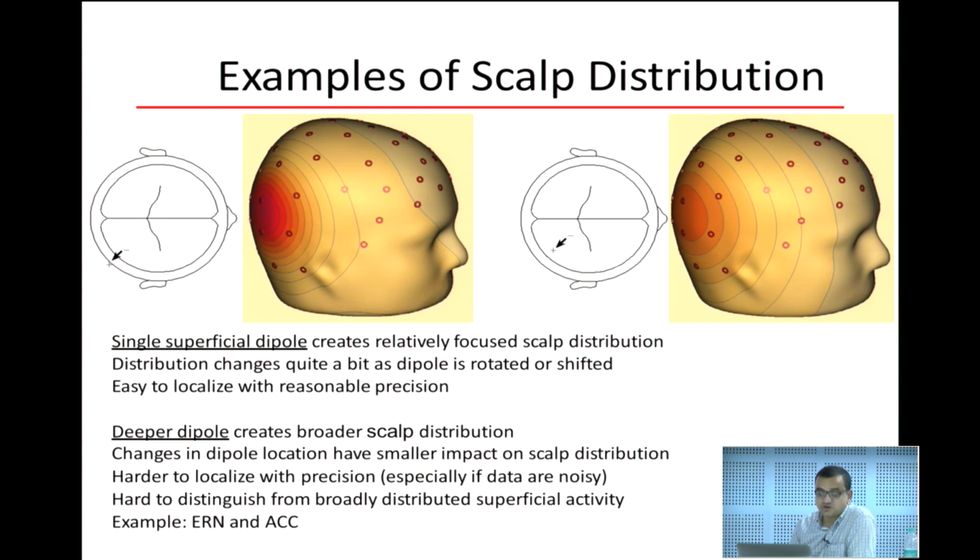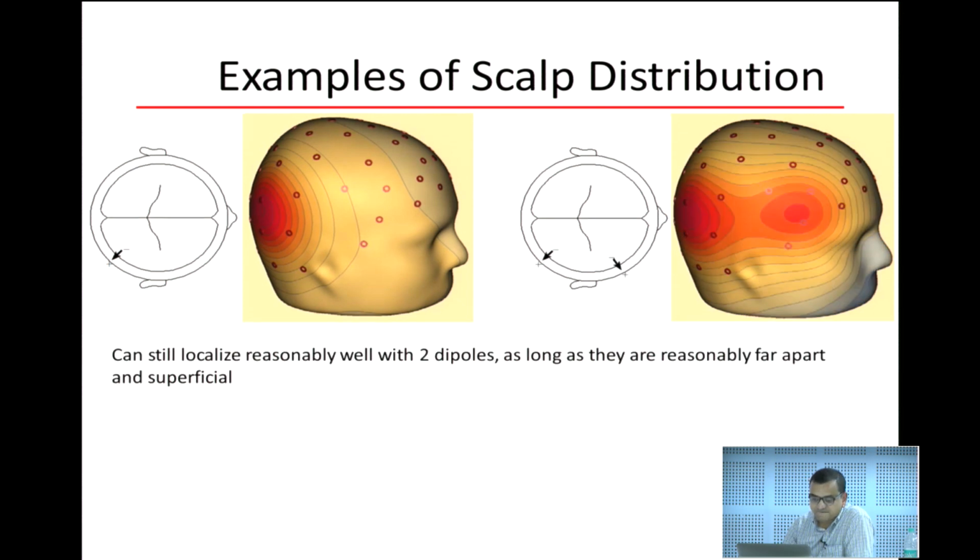This is usually located in the anterior cingulate cortex, in the midfrontal area, a much deeper region in the brain, which is not that easy to localize from the EEG. Anyway, that's still about the forward model.